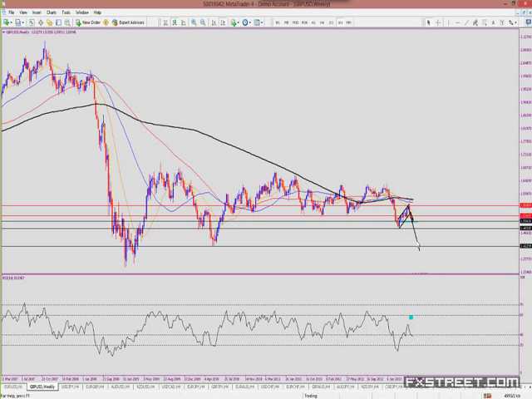That's getting ahead of ourselves a little bit because I'm talking about the next couple of weeks, but the break here could open up another bearish swing in the medium term, in the next month or so.